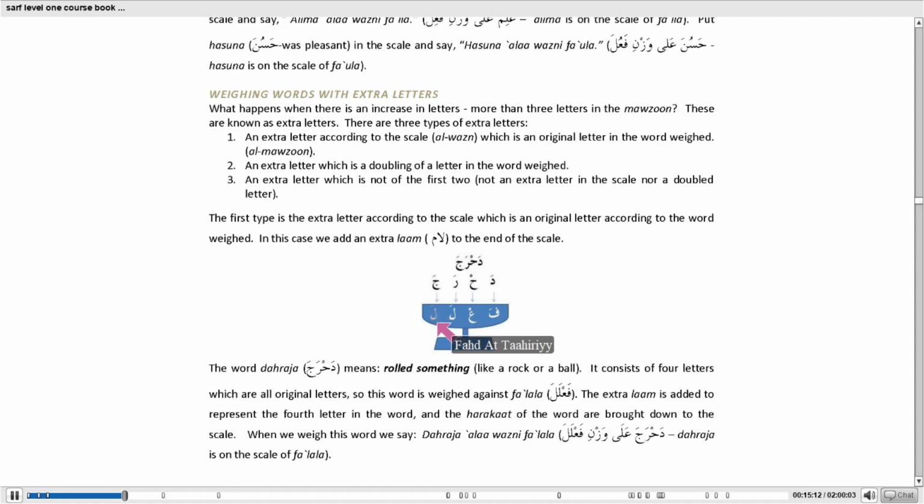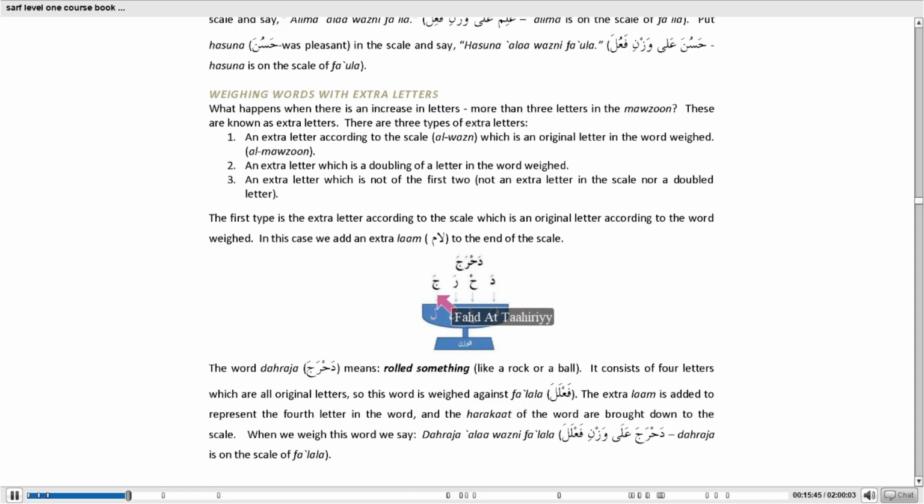What do we call this jim? This jim, we call it the second lam of the word, al-lam ath-thaniya.